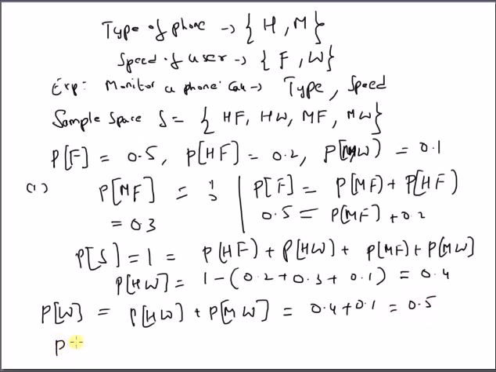We can also calculate the probability that the user is using a cell phone, that is probability of H, which is equal to probability of HW plus probability of HF, which is 0.4 plus 0.2. So probability of H is equal to 0.6. That is, the probability that a user is using a cell phone is equal to 0.6.